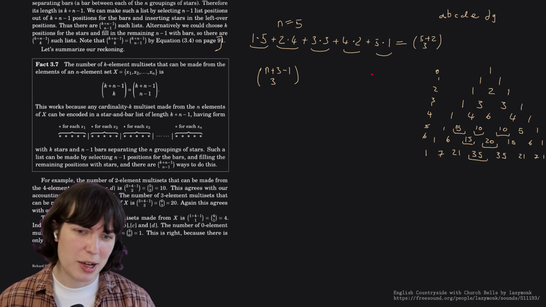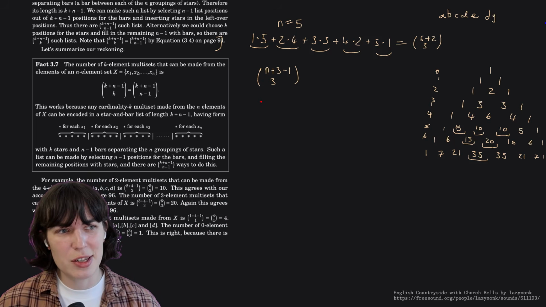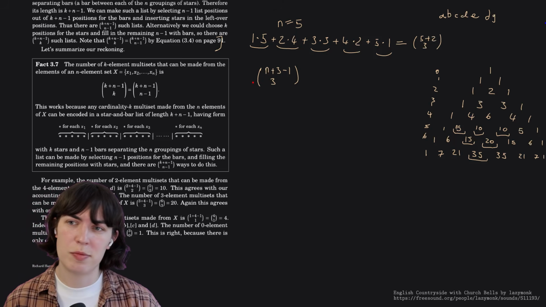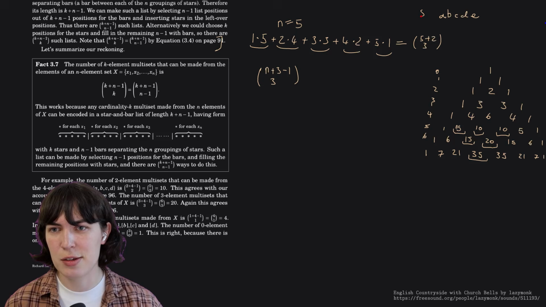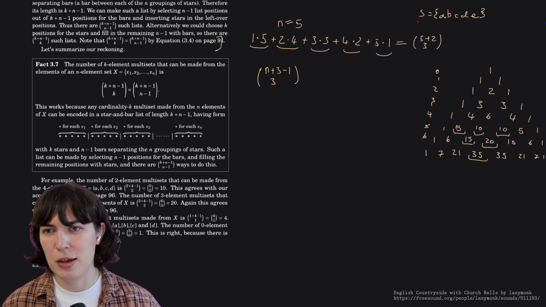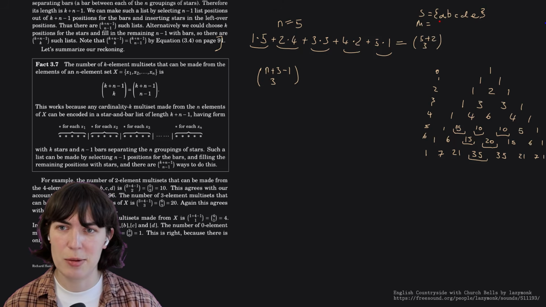And we're talking here about the number of k element multisets that can be made from an n element set X. So let's say if we had our set S, and then we have a multiset which is going to have 3 elements.